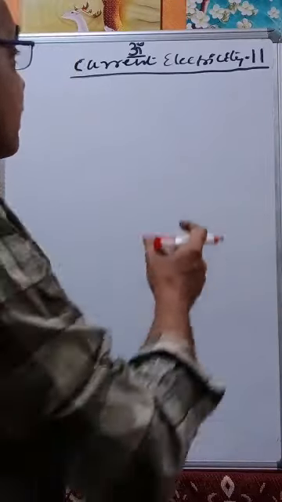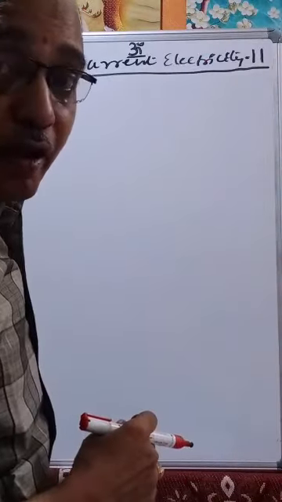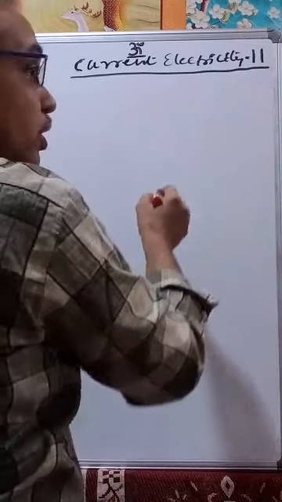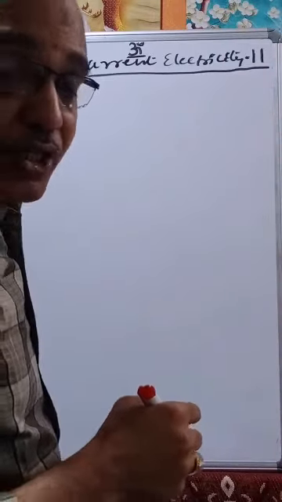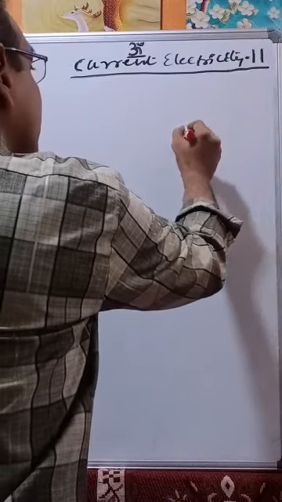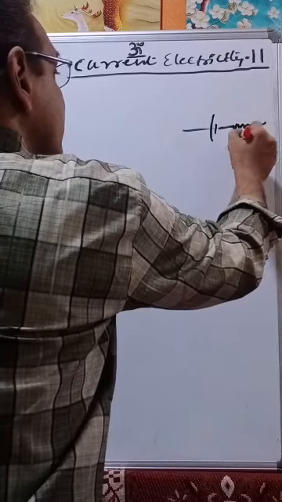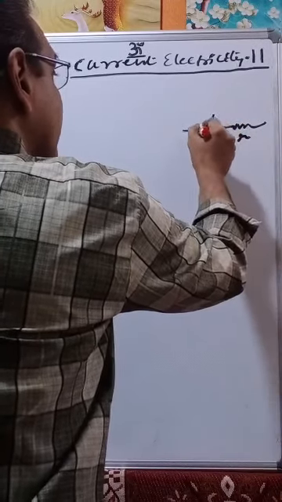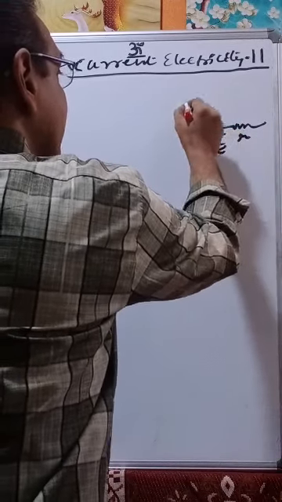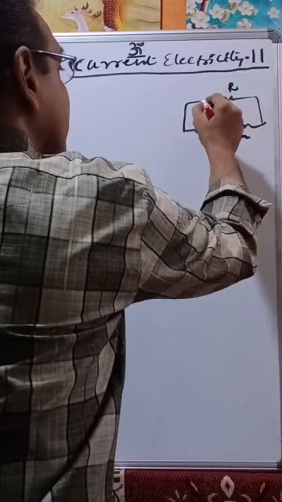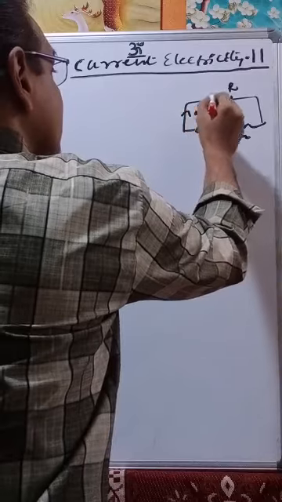Now, in class 10, we have discussed the cell, terminal voltage and lost voltage. We have taken something like this: this is internal resistance r, this is positive, negative, this is a cell of EMF E, and this is the external resistance R. This current I is flowing like this.